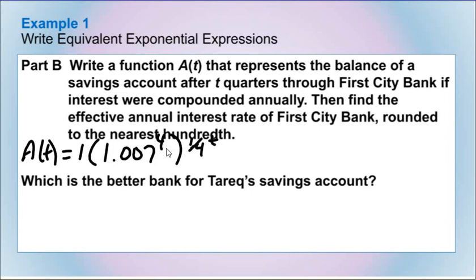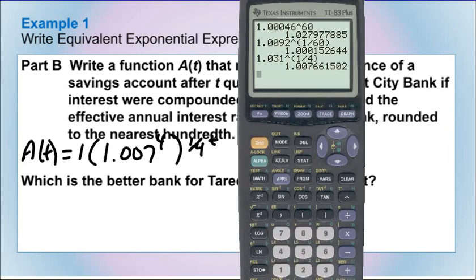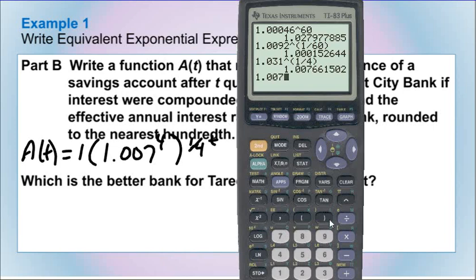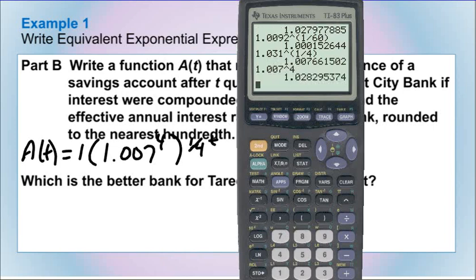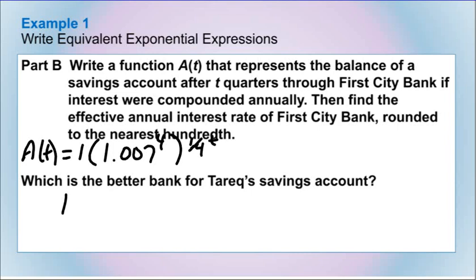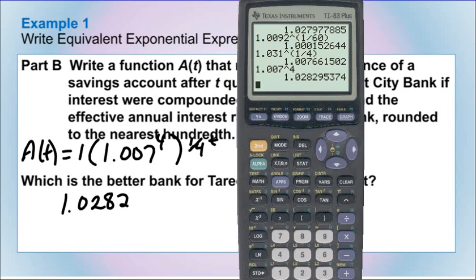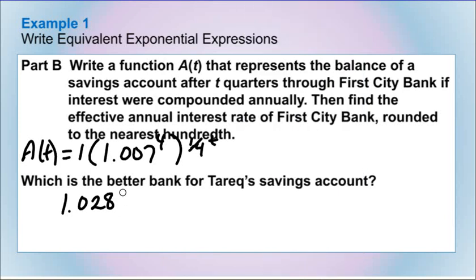Now I take my answer, so I put this in my calculator. We have 1.007. We want to raise that to the 4th power, which will give us 1.028. Actually, we'll make that 3.